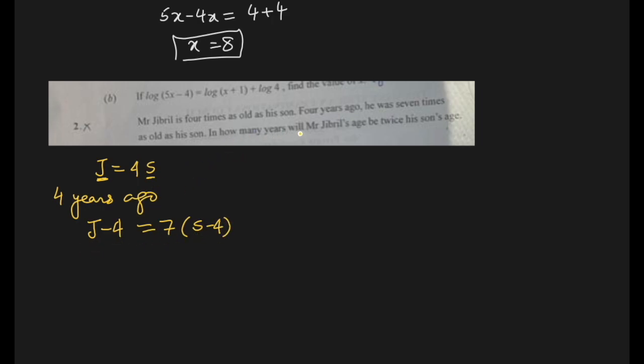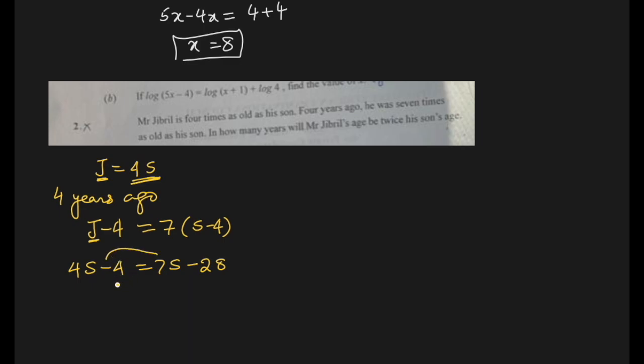Okay, in how many years will Mr. Gabriel's age be twice his son's age? So let's find this first and then we'll find the answer of the last part. So J is equal to 4S. So let's substitute this J by 4S minus 4 equal to 7S minus 28.